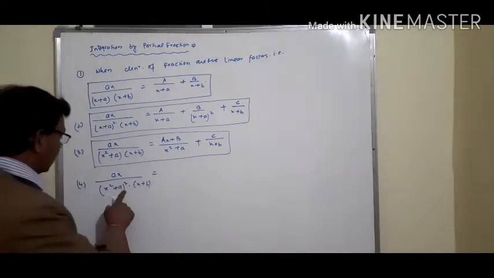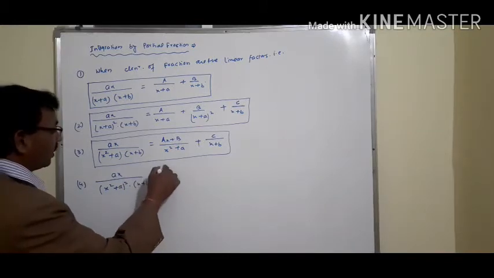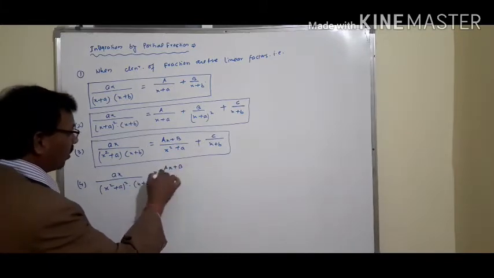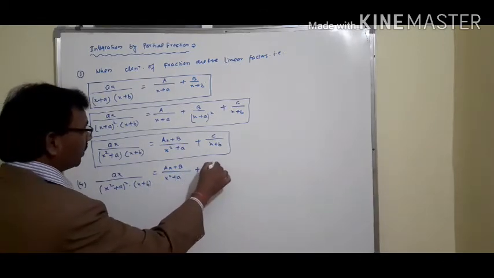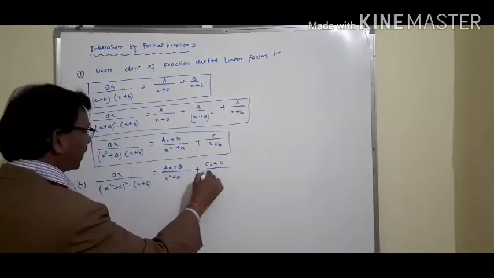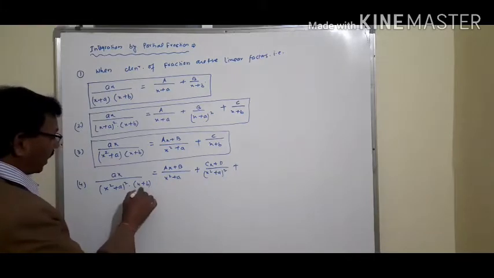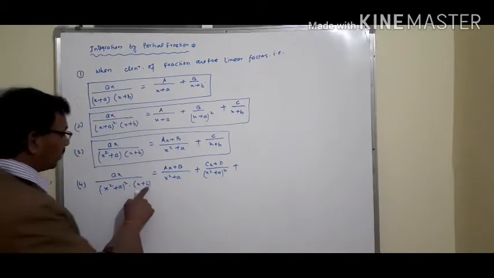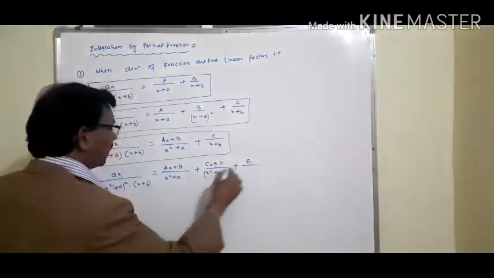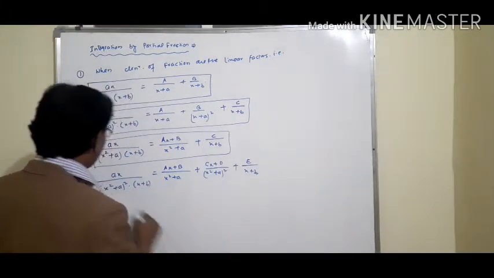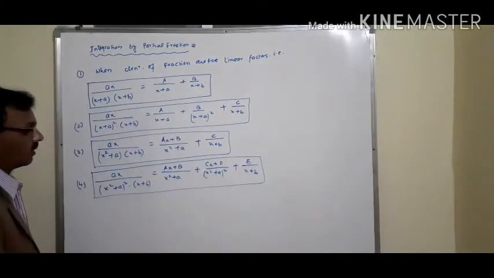Then we can find the partial fraction of this by using (Ax plus B) whole upon (x square plus a) plus (Cx plus D) whole upon (x square plus a) whole square, plus, since the last factor is linear, we use a separate constant, that is, E upon (x plus b). This is the partial fraction of this type of fraction.